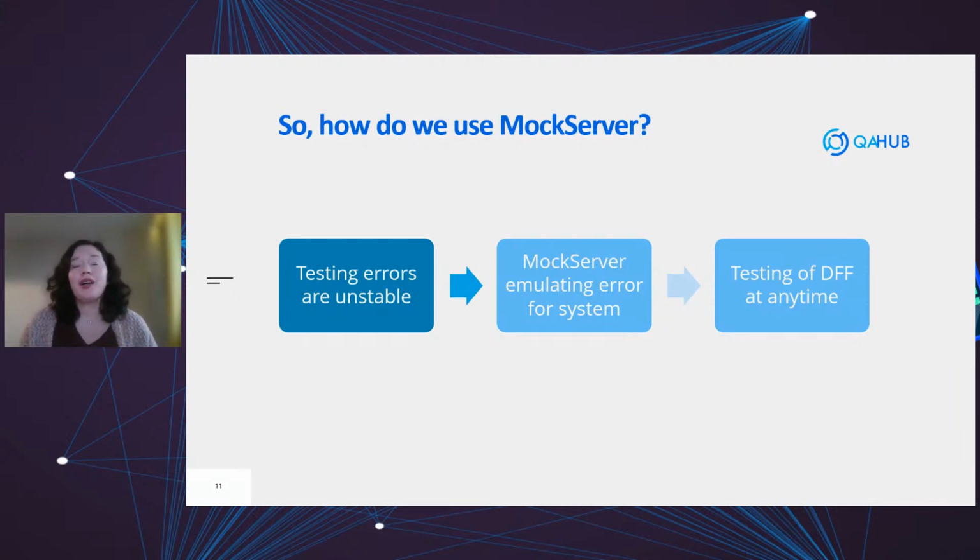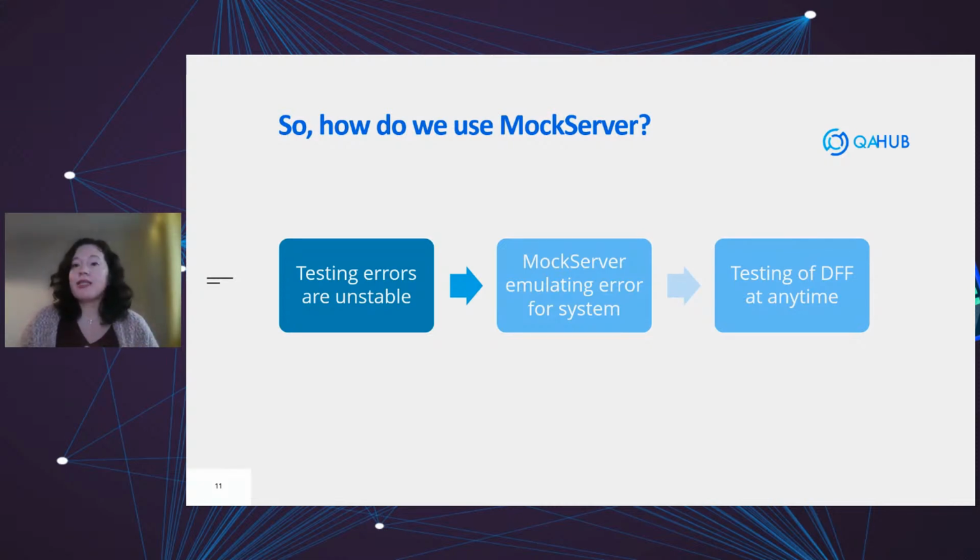This is where our mock server comes to help, and we can use it to emulate errors. So we specifically use it for emulating errors that come from the other system, and it enables us as testers to be able to test the design for failure at any time.